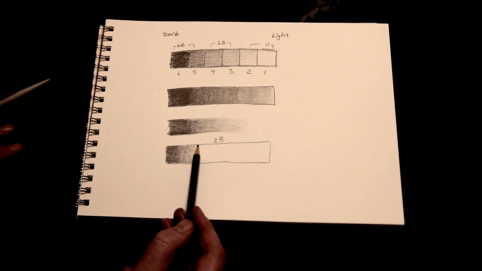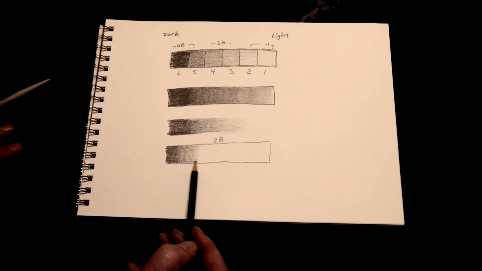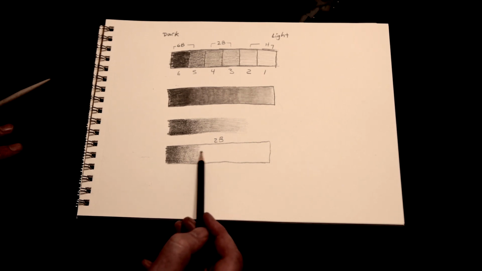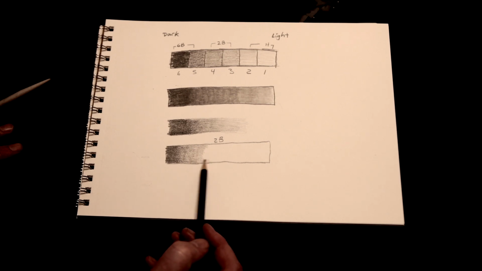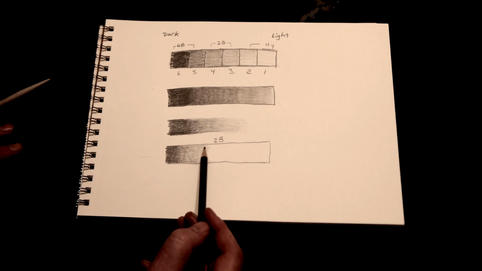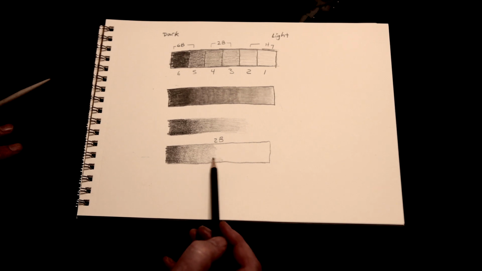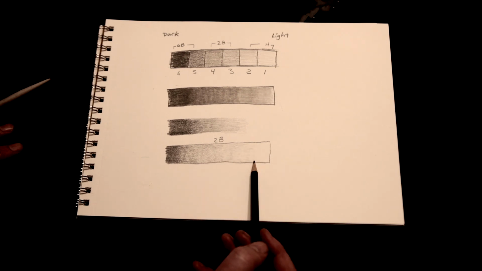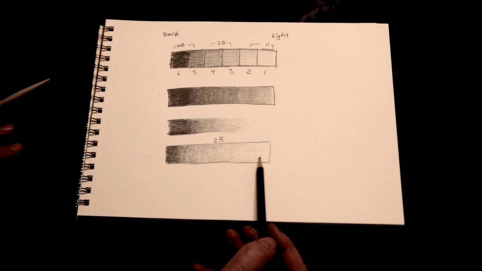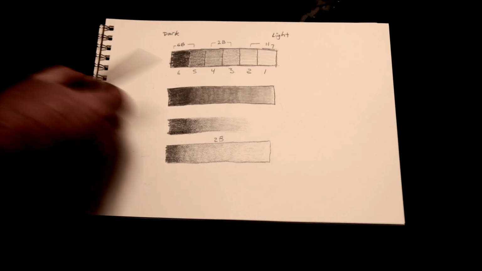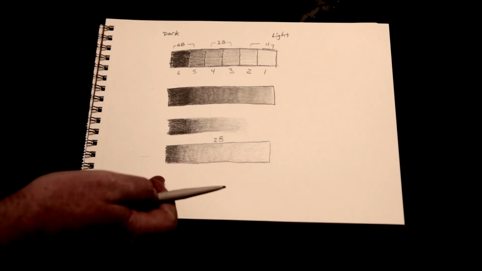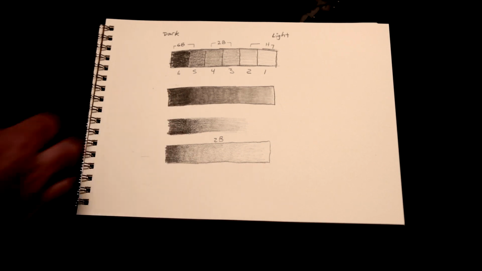And the whole while I'm watching to see what value is going onto the paper and judging if I need to lighten my pressure. And I'm just trying to make sure that everything looks nice and smooth. Very light pressure here at the end. And if I want, I can use my blending stick on that as well, but I kind of like how that came out. I'm happy with this.